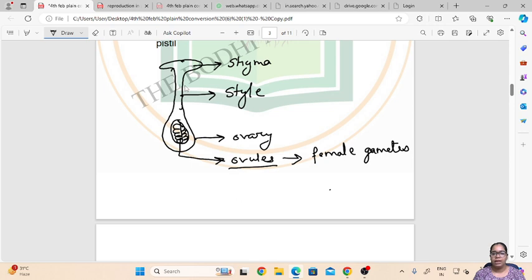A female gamete, the ovule, is basically like this in structure, which consists of the chalaza, micropyle, and the embryo.